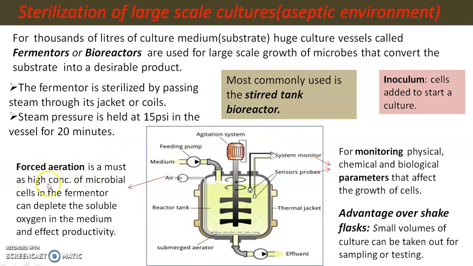Forced aeration is a must, because when microbes grow very fast, a high concentration of microbes can deplete the soluble oxygen, which will disturb their growth. So air has to be passed, so that production is good enough. Then there are certain monitoring features like sensors, probes, system monitor to take care of physical, chemical and biological parameters which can affect the growth of the cells.